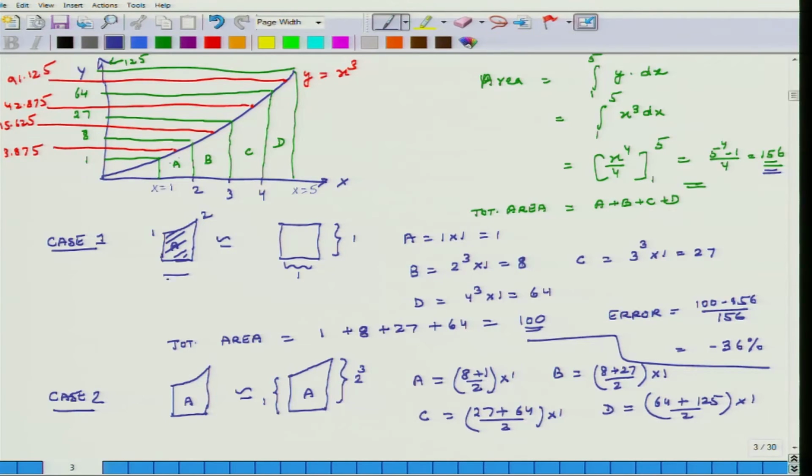So in the first case, I am assuming that the value of y is constant along each element. In the second case, I am assuming that the value of y is linearly varying across each element.